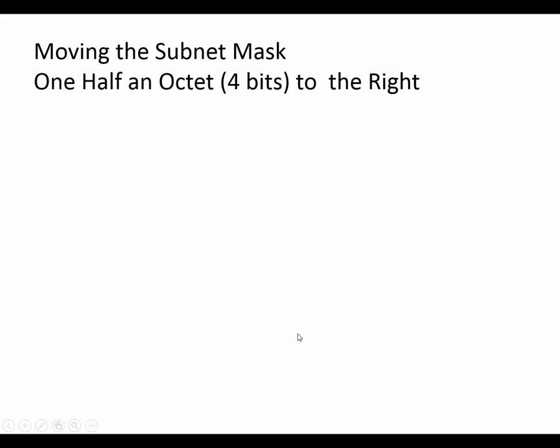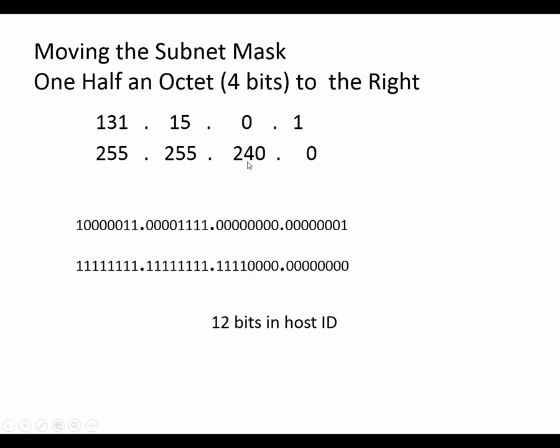So the compromise is you don't move the subnet mask over an entire octet, you only move it over 4 bits, and that way it gives you additional network IDs but doesn't cut so deeply into your host IDs.